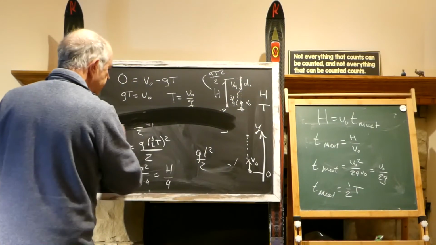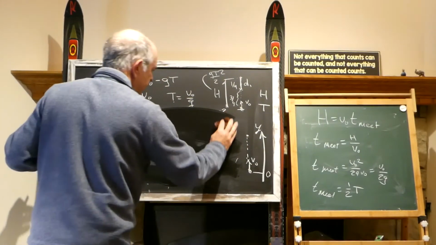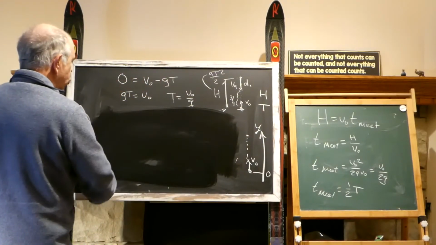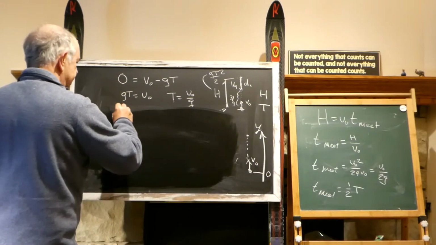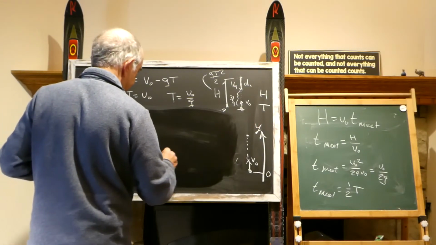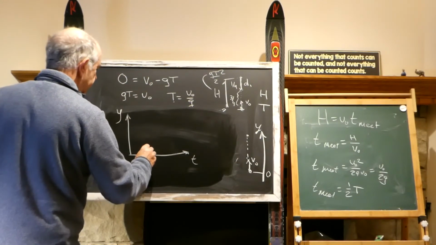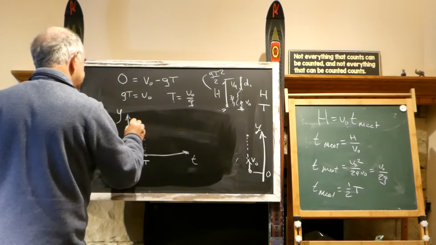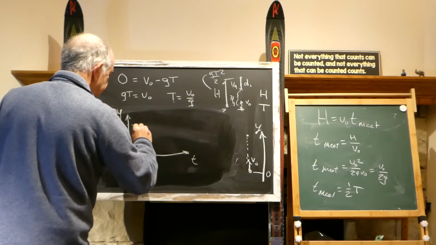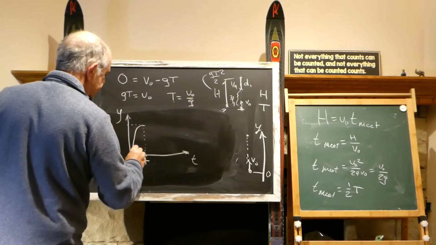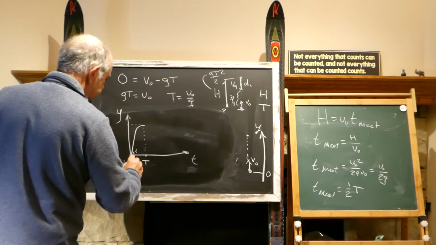So let me put it another way, so it will become even more clear. Let's put two graphs together. This is y, remember we decided to call it y, and this is time, and this is t capital. During this time t capital, this first body is flying with initial speed v0, and it reaches, this is a parabola, and this tangent is alpha, and we can say tangent alpha equals v0.